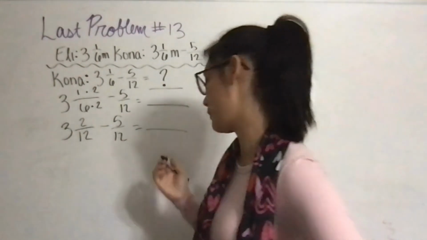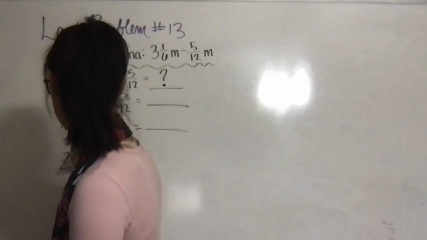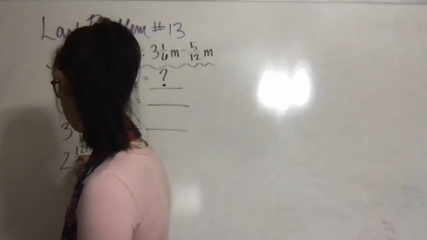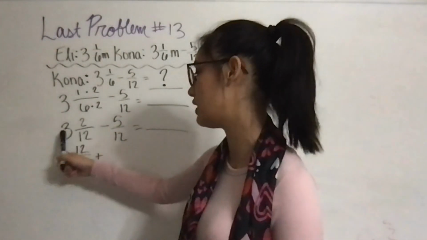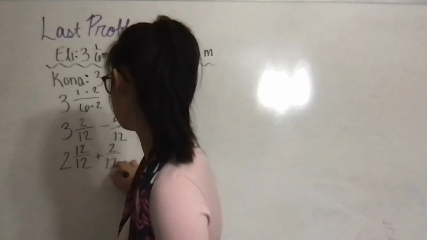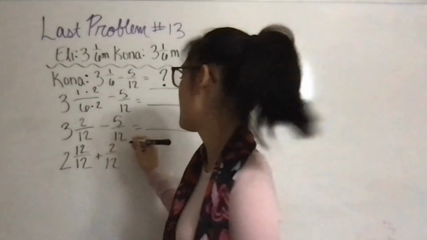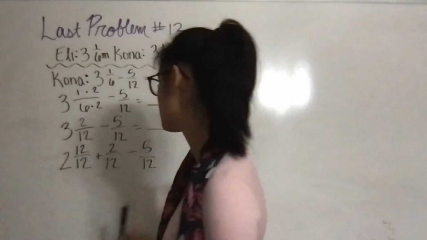But you can't minus 5 from 2, so what we have to do is translate our whole number into a fractional number. So this will be 2 12/12, which is the same thing as 3, and add 2/12 from here, minus 5/12.